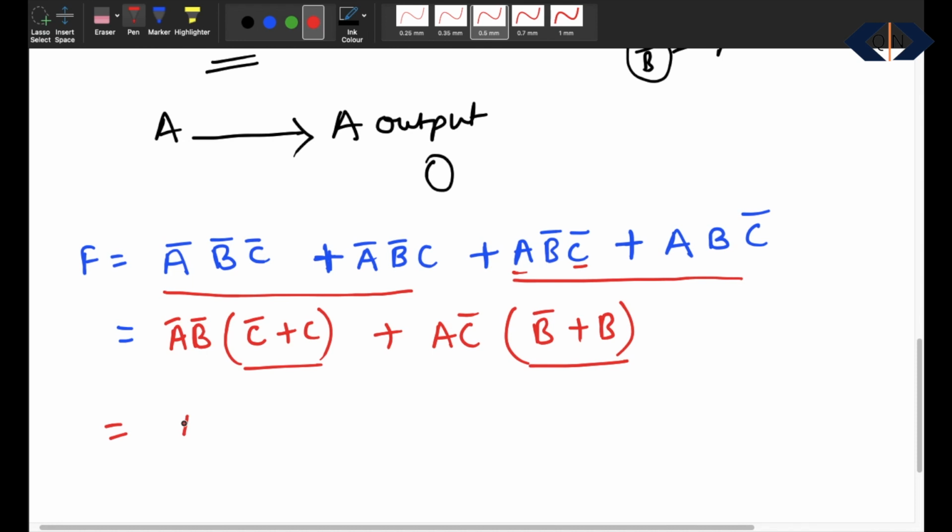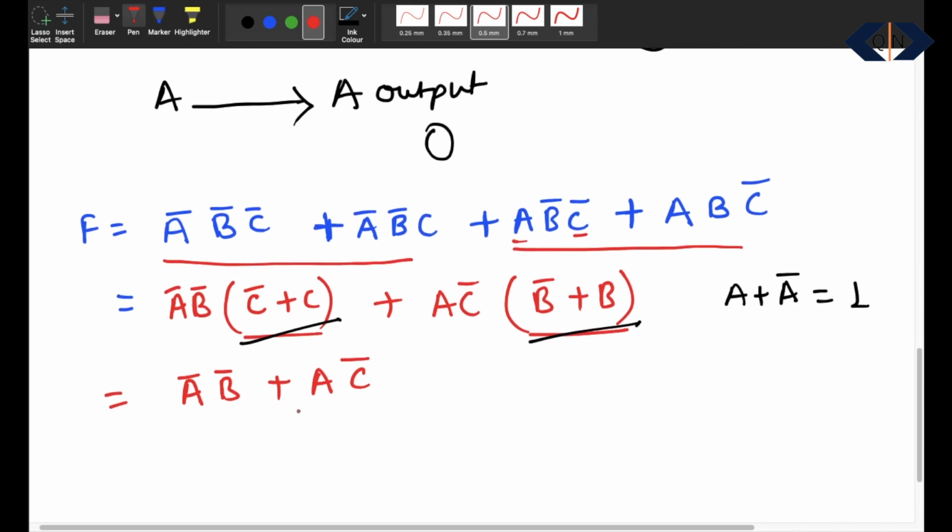So A bar B bar plus, this has become 1 because we know that B plus B bar is 1. So this has become 1, this has become 1. So our next answer will be A C bar.